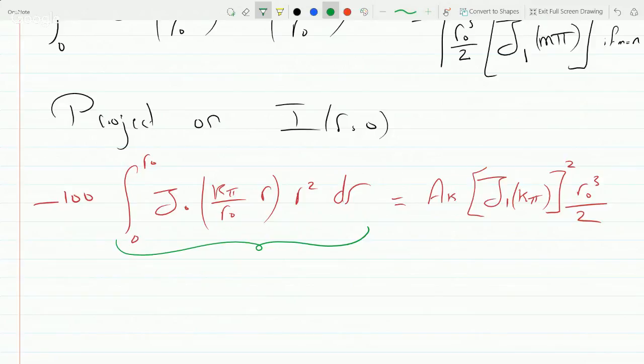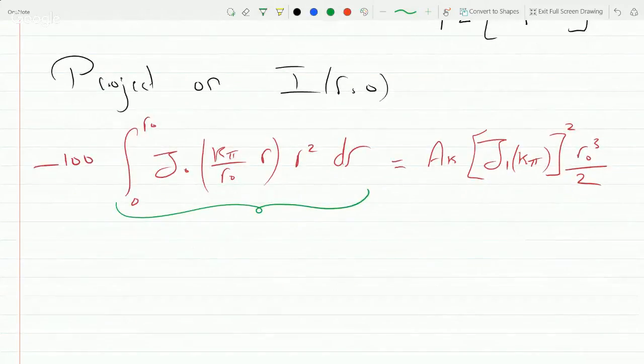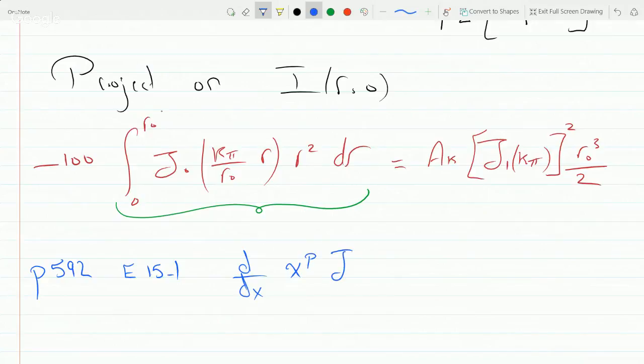We know from the recursion relation, page 592, equation 15.1, it says d over dx of x to the p, Jp of x equals x to the p, J p minus 1 of x. The integral for sine will be difficult, so I'll just do it using the recursion relationship. It's easier.